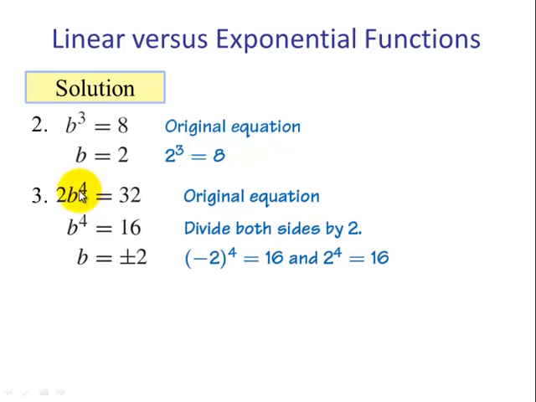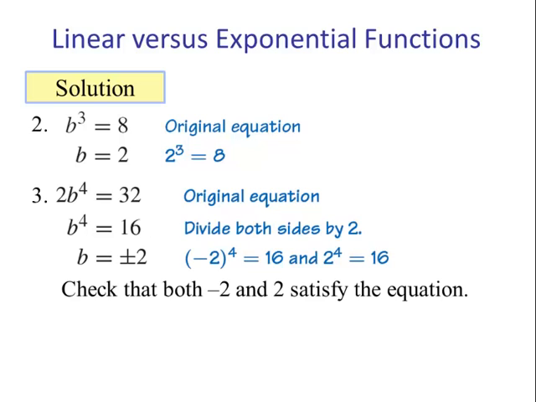But because this power is even, -2 also works, because -2 to the 4th power will give me a +16. So when you have negative numbers raised to an even power, they will produce positive numbers. So our answer is b equals plus or minus 2.